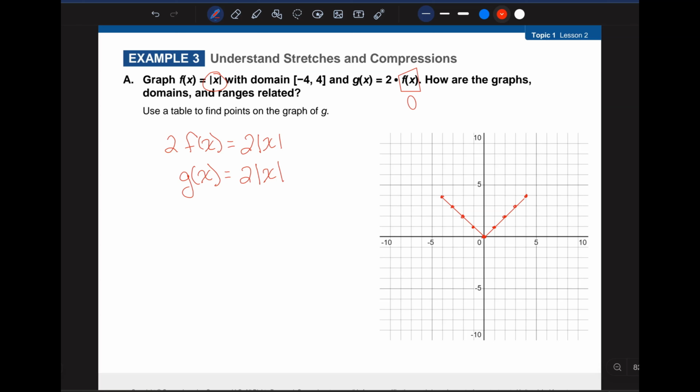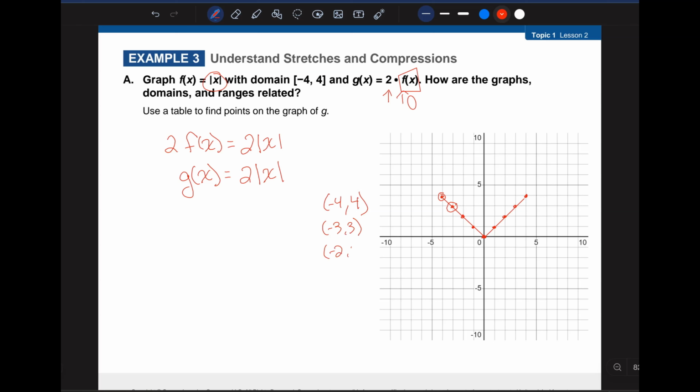Or I could also give it some thought on my graph, since I'm graphing this. I know that this is 2 times my y values. Well, look at your y values here. We have this point right here, which is negative 4, 4. I have this point right here, which is negative 3, 3.